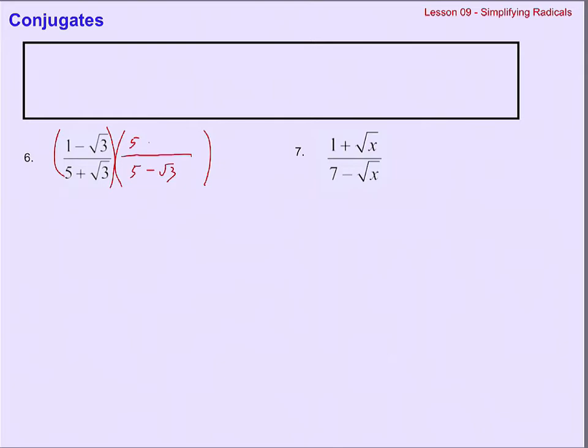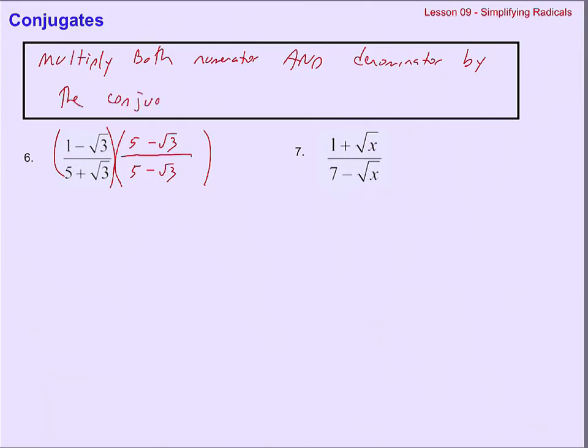So that's what we're going to do, multiply by the conjugate of the denominator. Of course, we have to do that to both the numerator and denominator. We're going to multiply both the numerator and the denominator by the conjugate, that's the important word here, of the denominator.